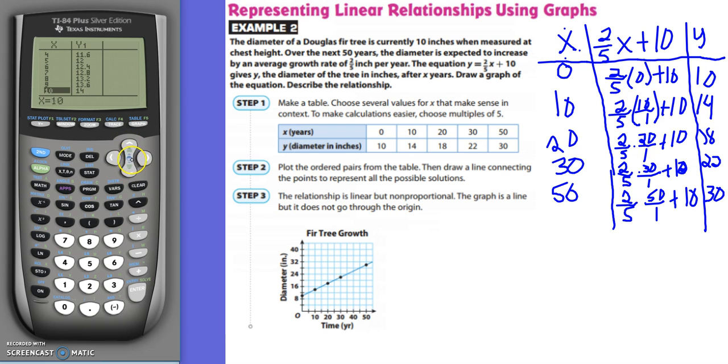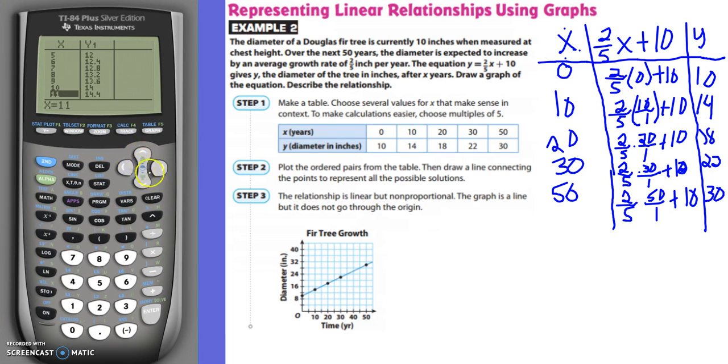So 10 is 14. 20 is 18, and so on. And if you want to look at the graph, this is what our graph would look like. Okay, let's go to the next one.